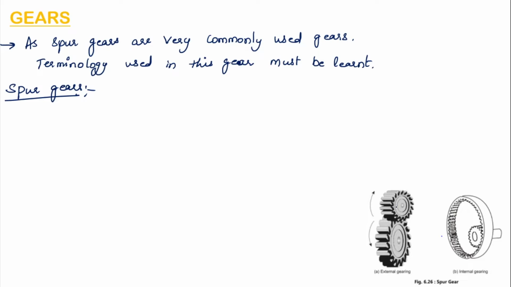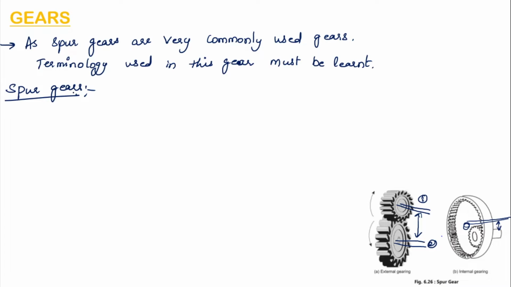Here if you draw a shaft, you can see that when the two gears are meshing each other, these two shafts, shaft 1 and shaft 2, are parallel to each other. So these are called spur gears. Even here, this is actually an internal gear. If you draw the shaft, you can see this is the smaller gear which is meshing inside, but even then these two shafts are parallel to each other.